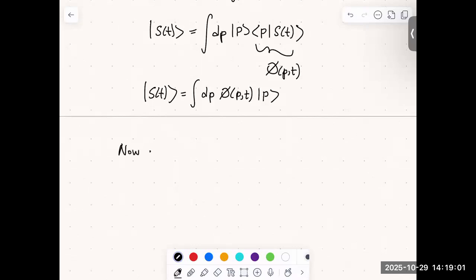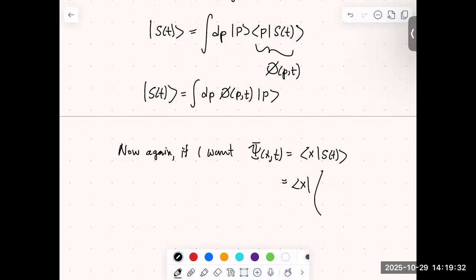All right, good. Now, again, if I want psi of x, t, what I would do is evaluate the inner product between x and our general quantum state. But now I'm going to use the state in terms of the momentum basis. What's that going to look like?